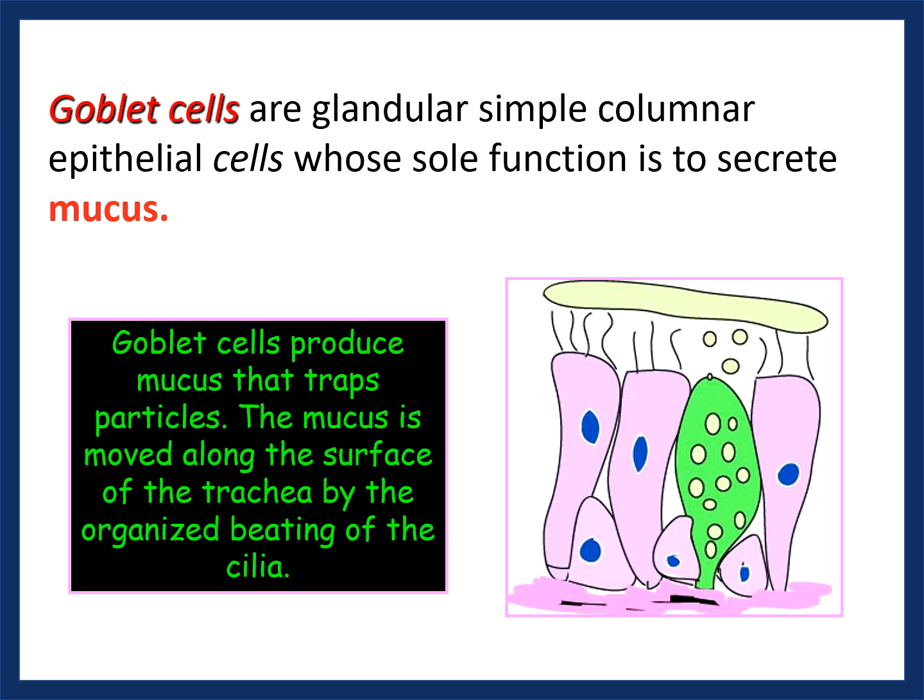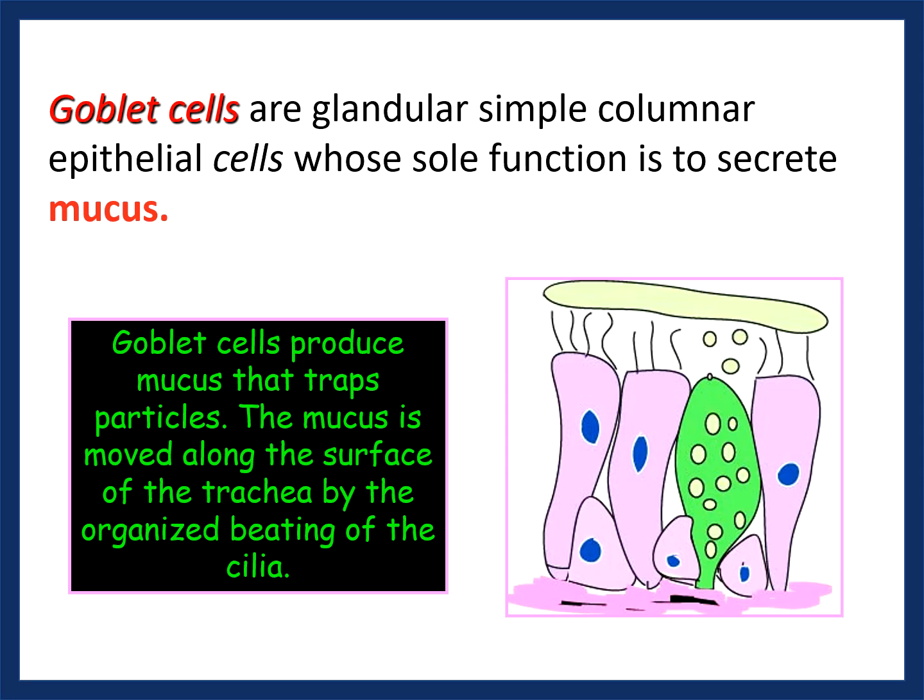So we're going to find this in places where there is exposure to the external environment, like our eyes, our nose, our mouth, lining our trachea, the gastrointestinal tract, and the anus. We're going to find goblet cells in all of these areas. And those goblet cells will release the mucus, which traps particles.